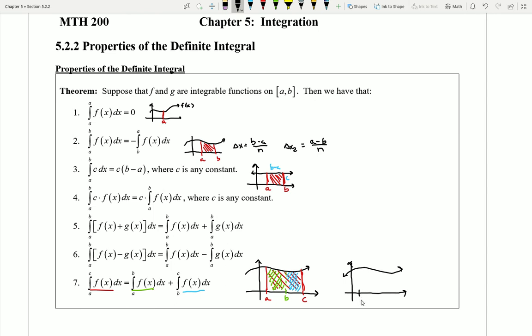And so even if I actually had a setup here that was A to B like this, I could still see that if C was maybe somewhere in the middle, this property is still going to hold true.